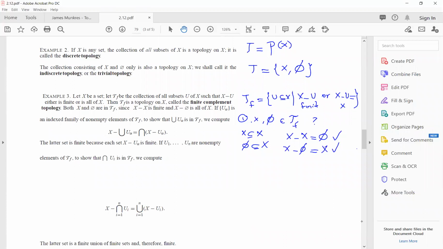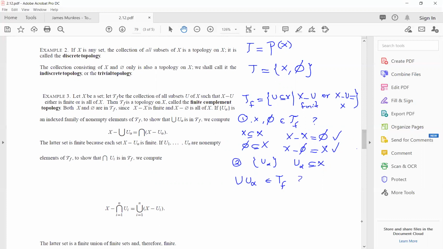Now let us check to see if it's closed under arbitrary union or not. Suppose we take a collection of subsets of X. Our goal is to show that the union of these subsets is a member of this topological space.